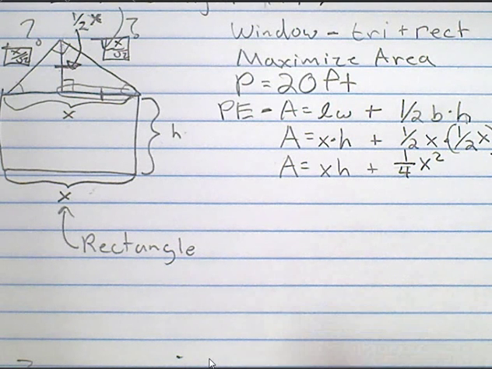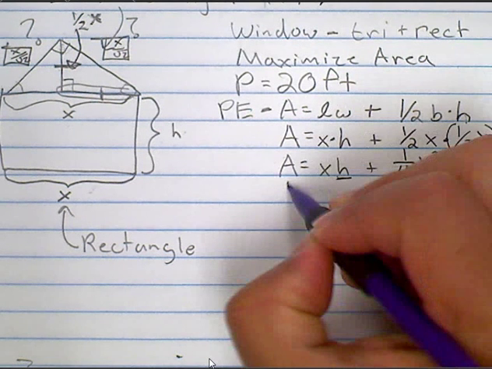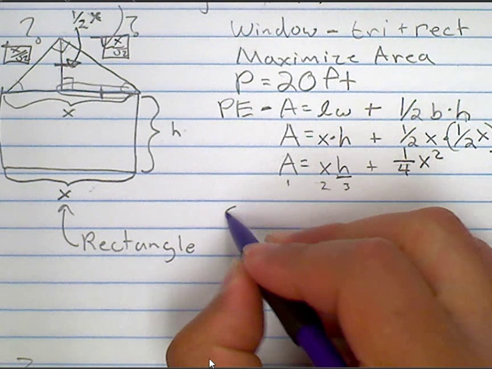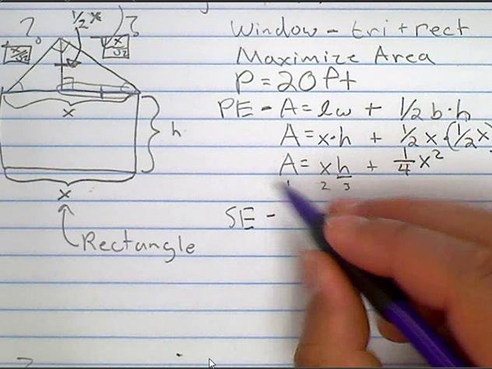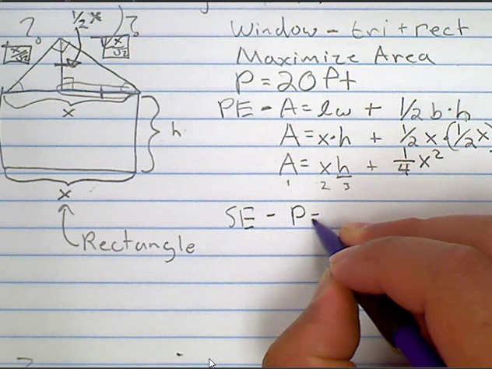Notice we have an issue. We've got, once again, 3 variables, 1, 2, 3, and we can't take the derivative. So let's use our secondary equation, the perimeter. The perimeter is equal to 20 feet.